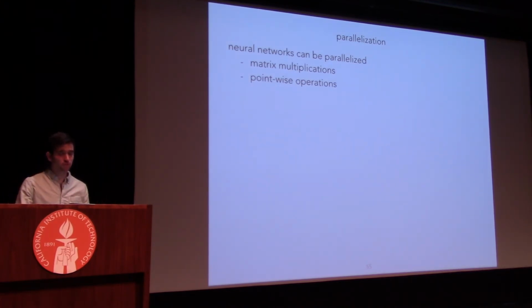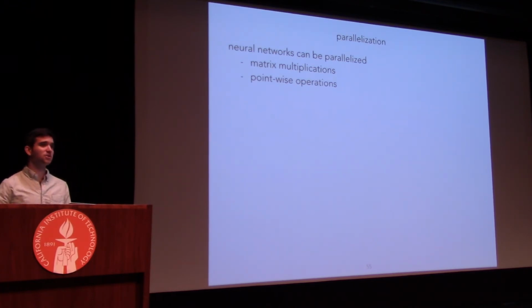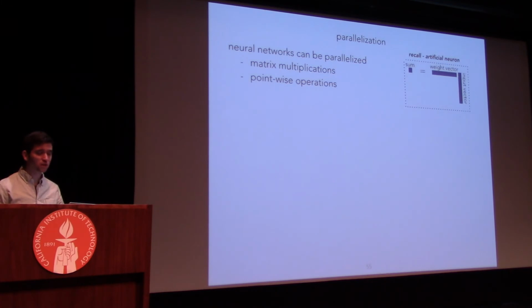There are two main ways that you can incorporate parallelization into implementing these networks, and that's through the matrix multiplications, and through these pointwise operations, such as pointwise nonlinearities, pointwise addition and subtraction, multiplication, division.